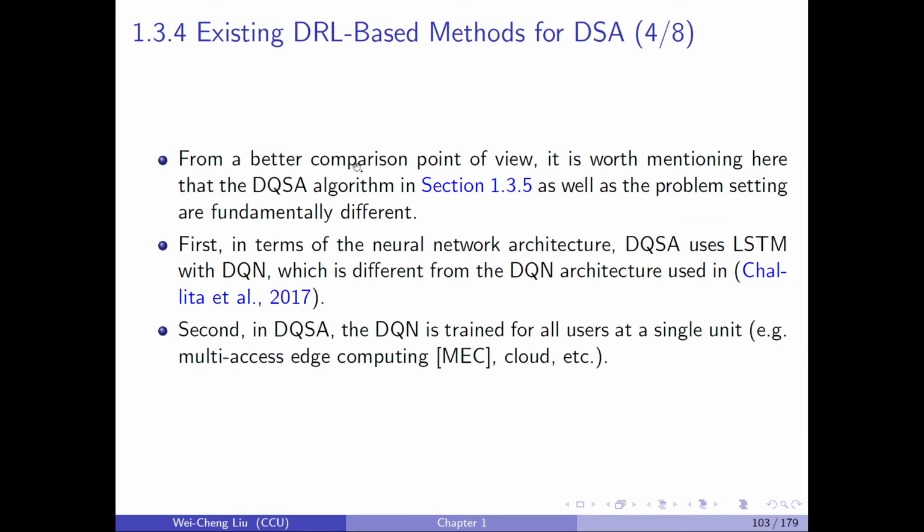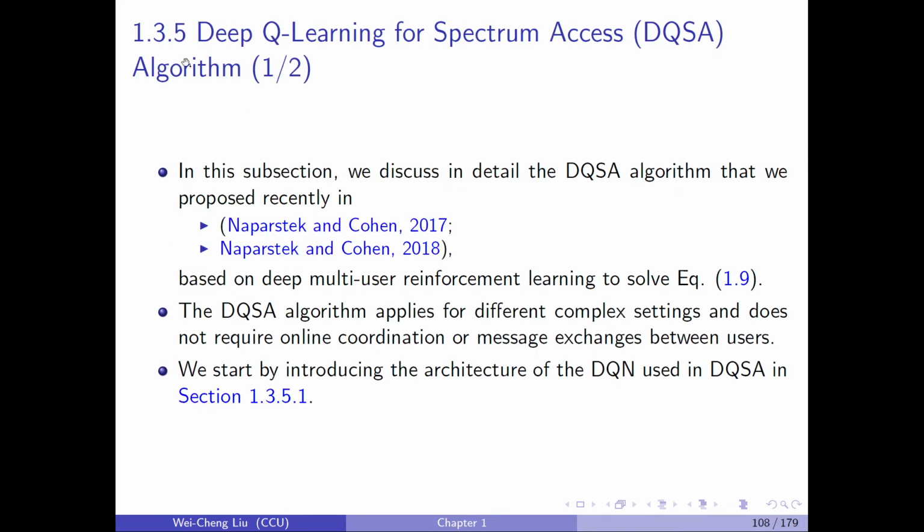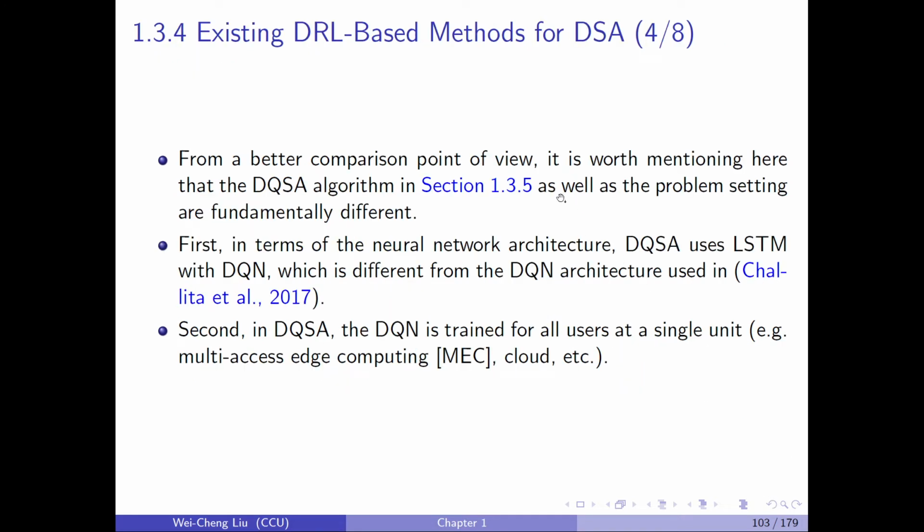From a better comparison point of view, it is worth mentioning here that the DQSA algorithm in section 1.3.5, okay, here, 1.3.5, as well as the problem setting are fundamentally different.